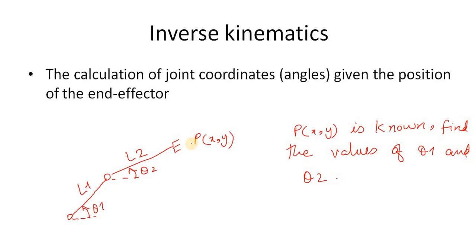And this is also a little bit difficult and tricky to find the solution as compared to forward kinematics, because there can be multiple solutions. For example, this P point can be reached from another combination of theta 1 and theta 2, for example from this way here. So that's why inverse kinematics is difficult to find as compared to forward kinematics.